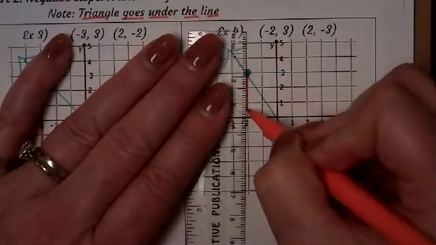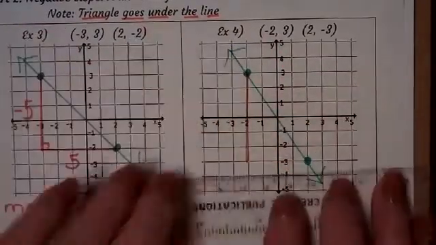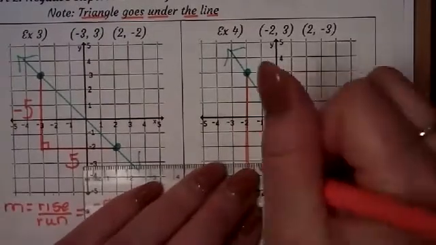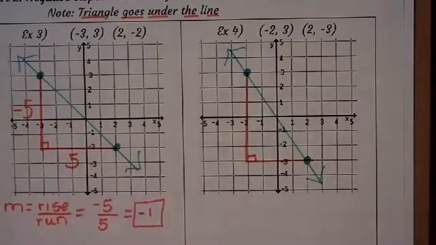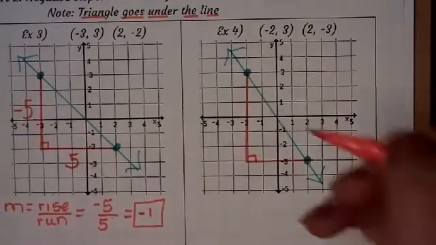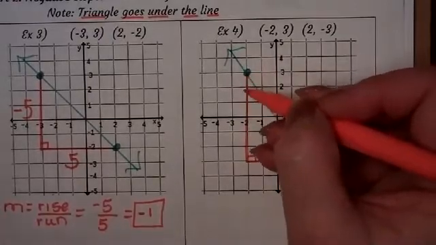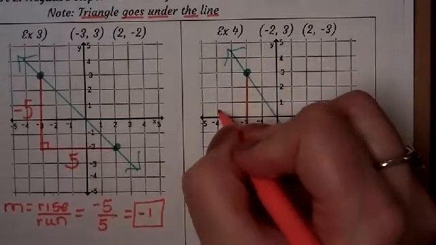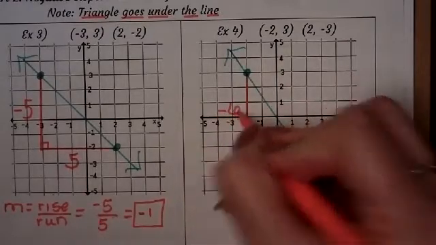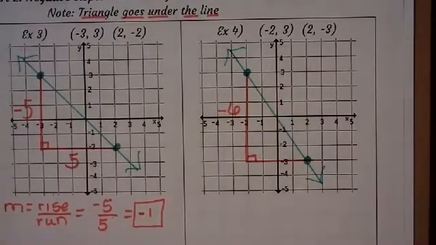So let's draw that triangle just like that. There we go. And once we draw the triangle, we're going to find the length of our side. So let's count. 1, 2, 3, 4, 5, 6. That is negative 6. Negative, remember, because we went down. If we'd went up, it'd have been positive, but we went down, so it's negative.